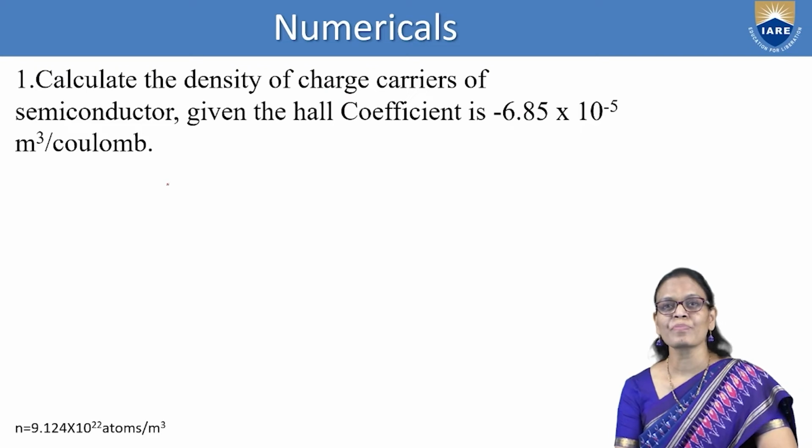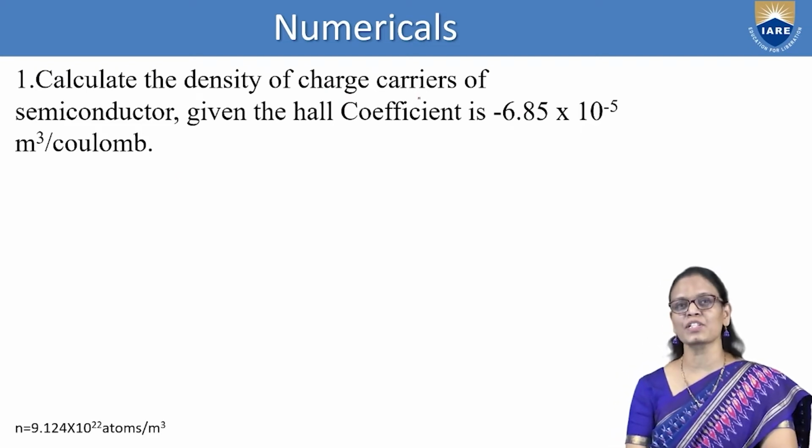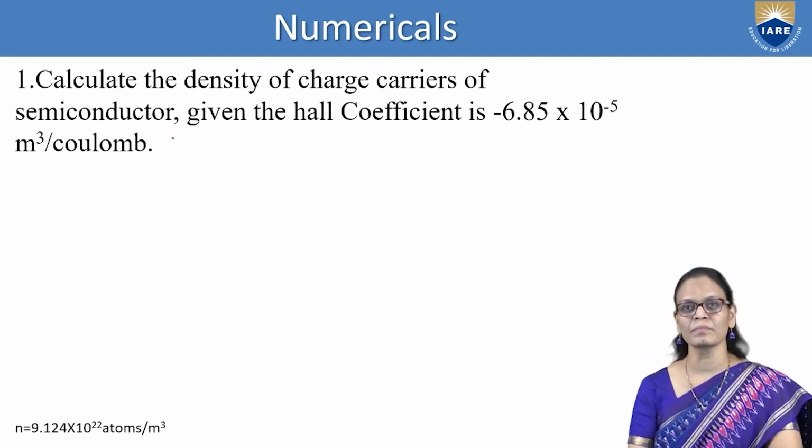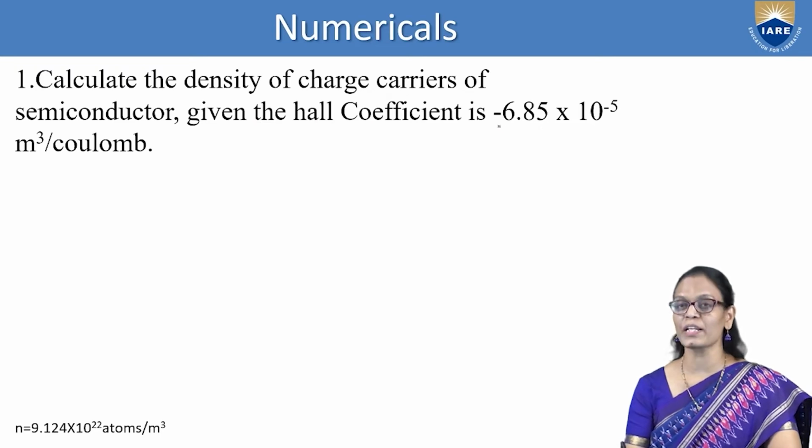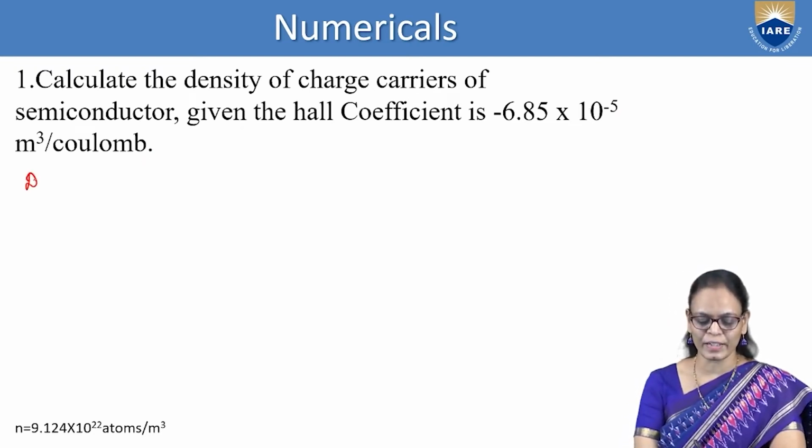First one: calculate the density of charge carriers of a semiconductor given the Hall coefficient as minus 6.85 into 10 power minus 5 meter cube per coulomb. So first write the data given.